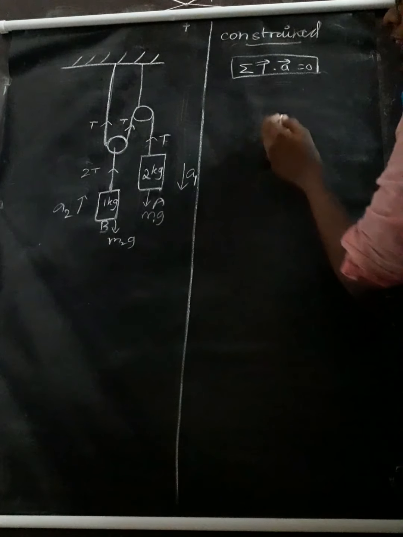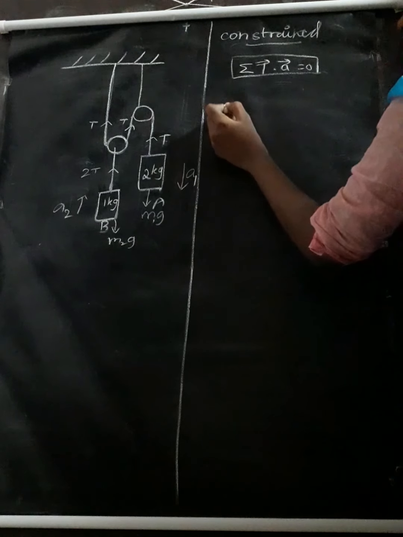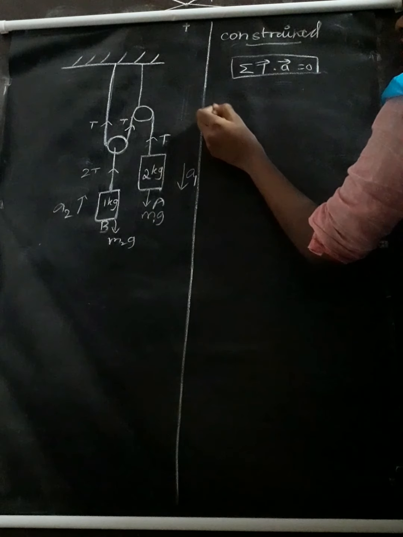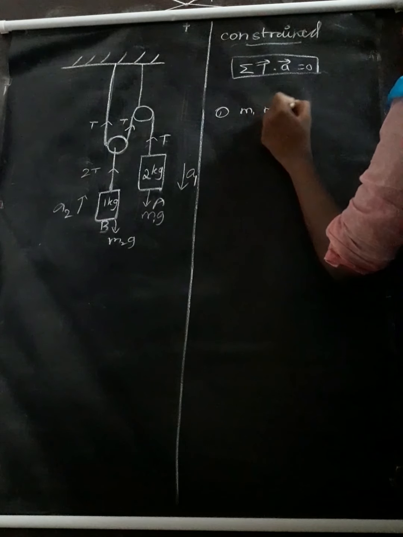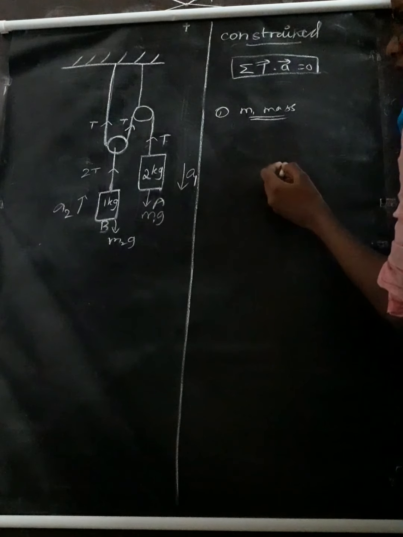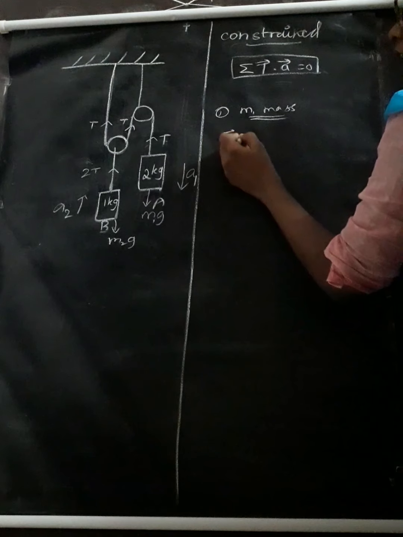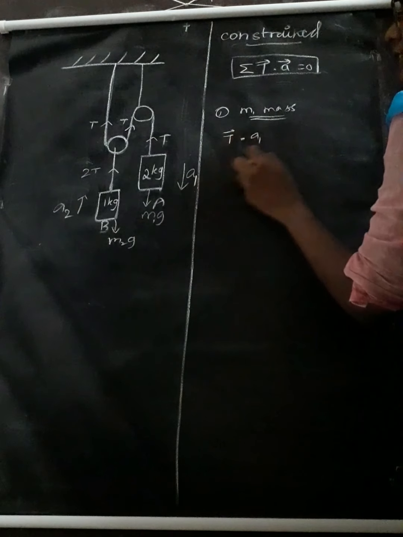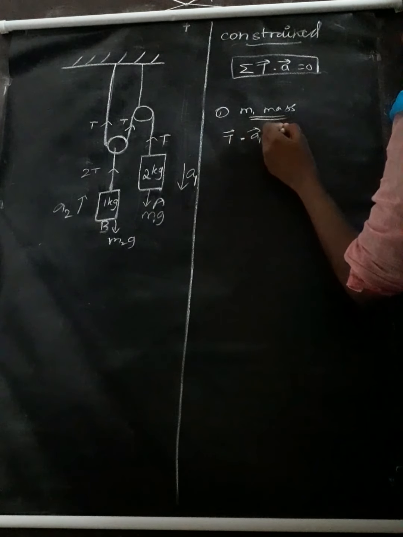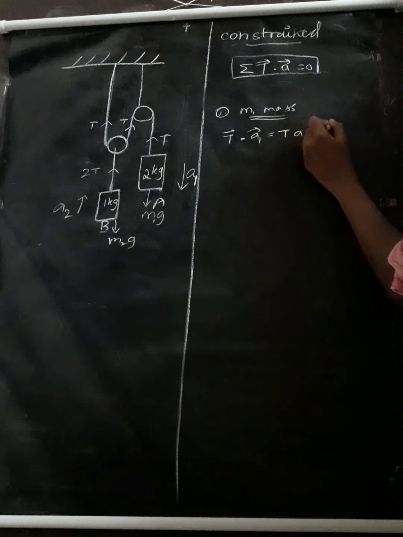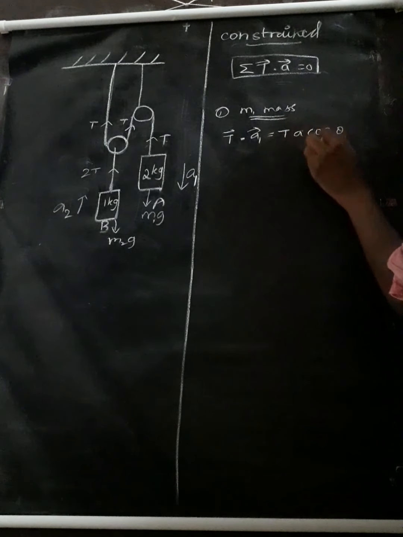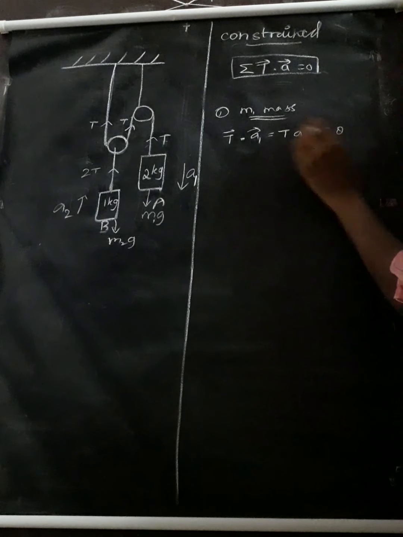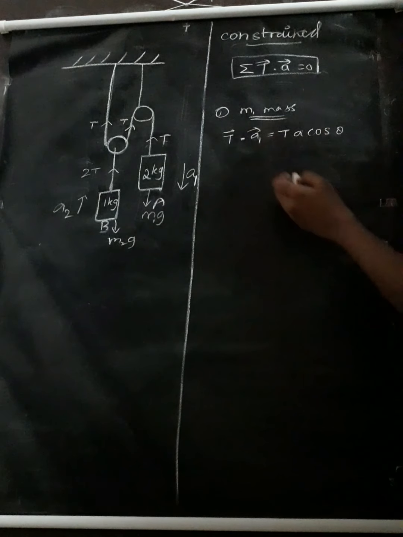First we will take the 2 kg mass, that is M1. T vector dot A1 vector is equal to T A1 cos theta. The definition of dot product is T A cos theta, where theta is the angle between the T vector and the A vector.